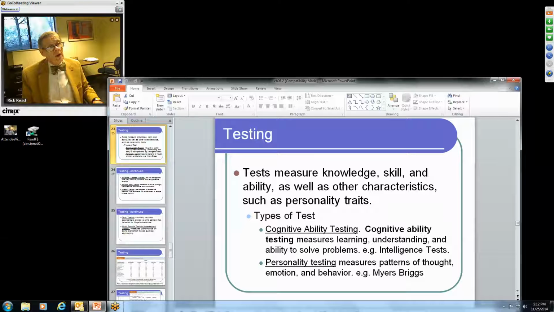If you have read or glanced at the text, page 200, the authors say that personality testing should not be used because it is open to subjective interpretation, and we have to be careful about that.